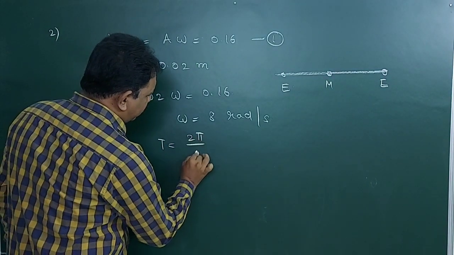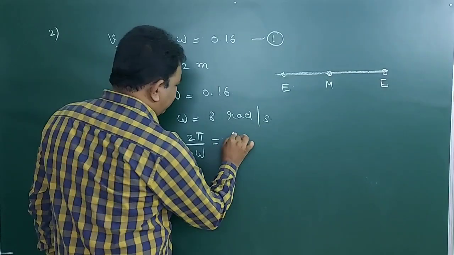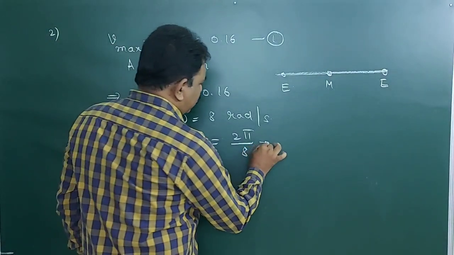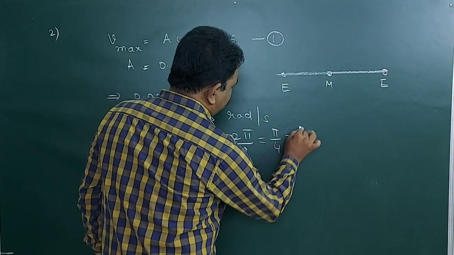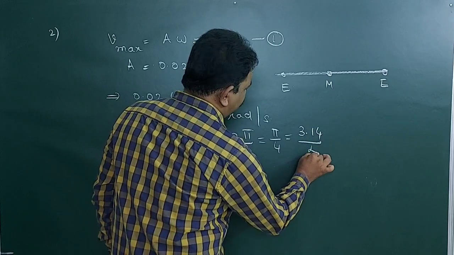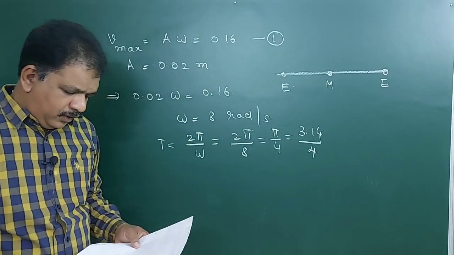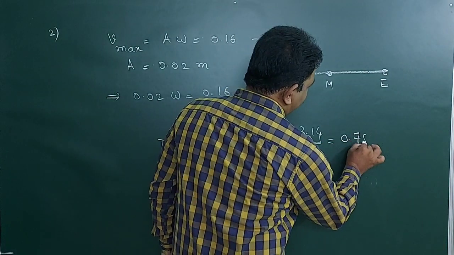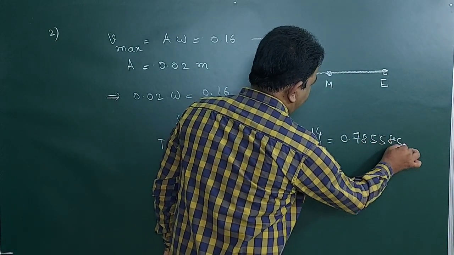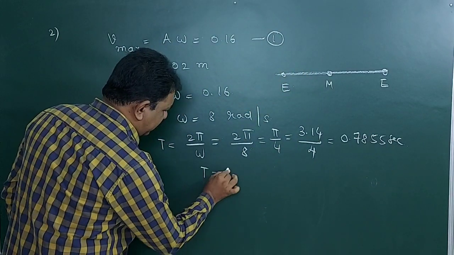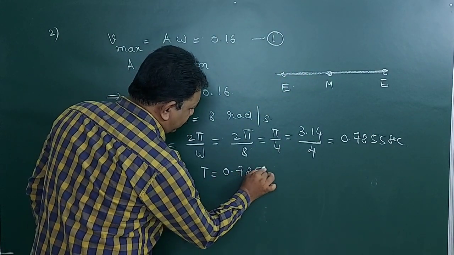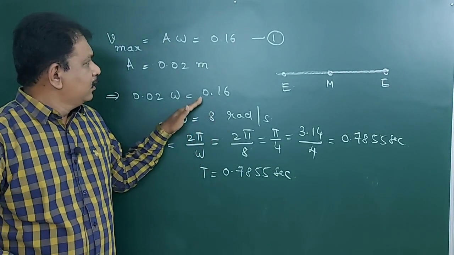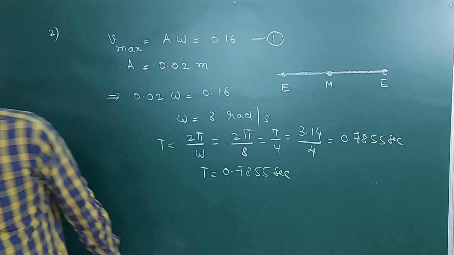T = 2π/ω, 2π/8, so π/4, 3.14/4. If we calculate this value, 0.7855 seconds. So the time period is 0.7855 seconds. Okay, this is the second problem.